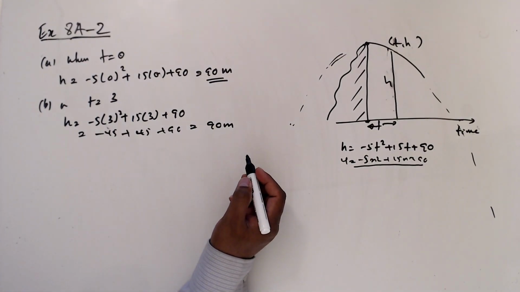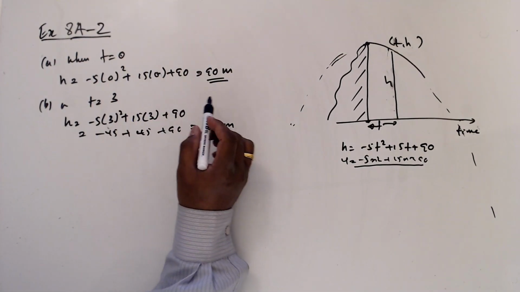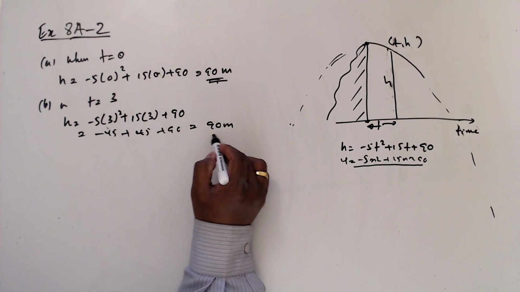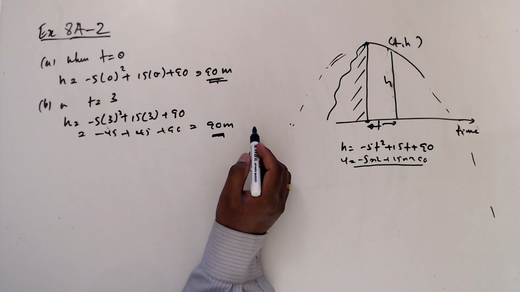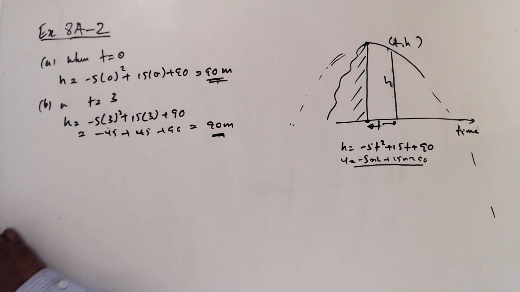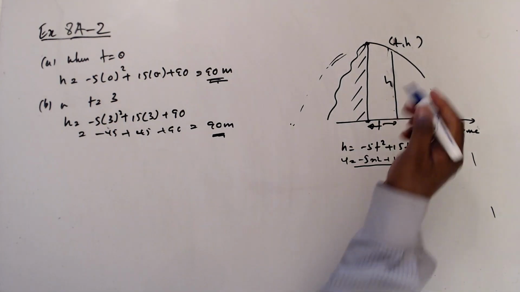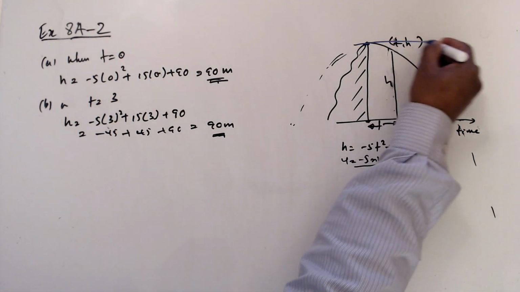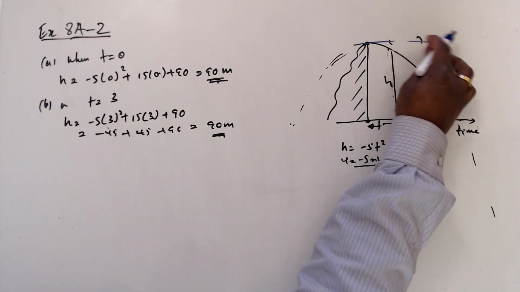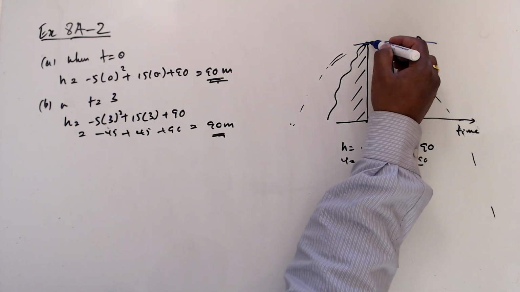So this is a good question, because when it starts it is 90 meters, and after 3 seconds it is also 90 meters. It means it stays until 3 seconds? No, what will happen? This drawing has to be different. So this is the level, and the model has to be something like this.